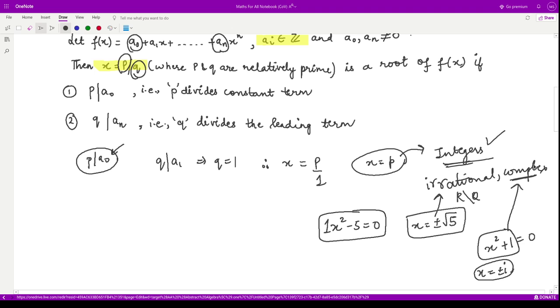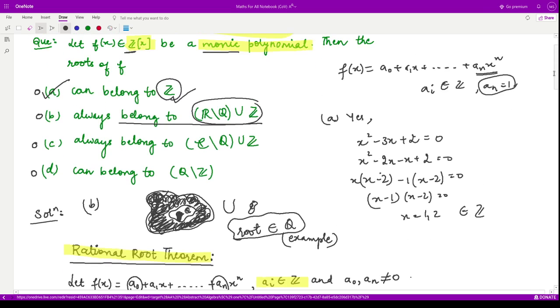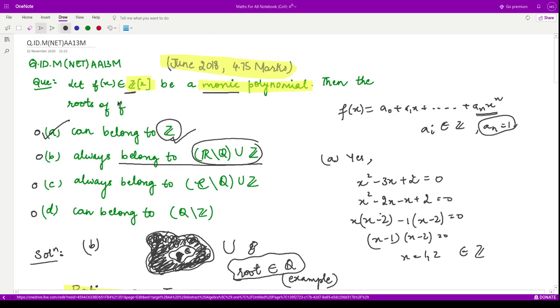In the second option, they are saying the roots of a polynomial of this kind always belong to such a set. They could be integers, yes, and they could be irrational, yes. But we have the polynomial x^2 + 1 and many more of this kind whose roots are complex numbers, so they do not belong to this complete set. Therefore this option is incorrect.